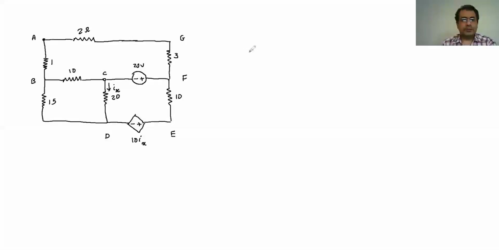So the very first thing that we need to know, so these are our nodes here. We have the node here, we have the node here, we have the node here. So these are our main nodes, and then we want to find a reference node in our system. So which one is going to be the reference node? Again, because I have a battery in the system, I said one way to handle the battery is to put the reference node at one end of the battery, and then the voltage at the other end of the battery is going to be equal to that node.